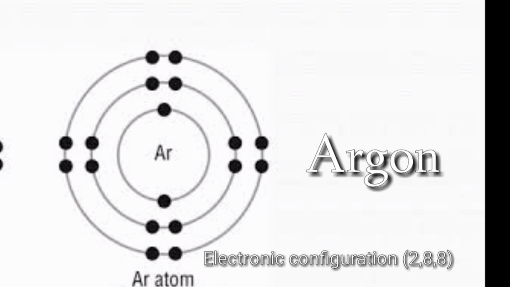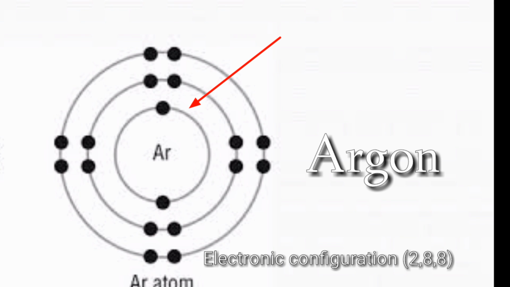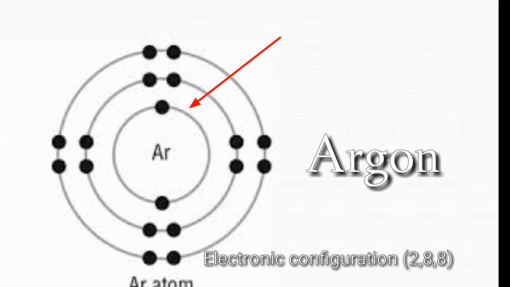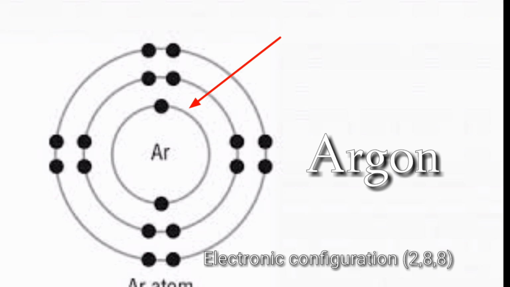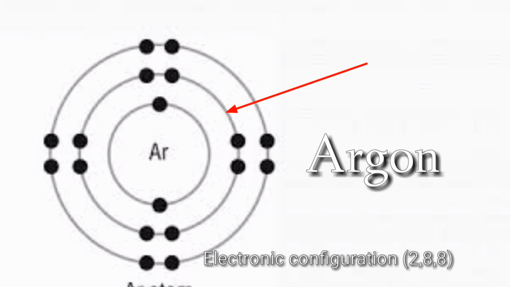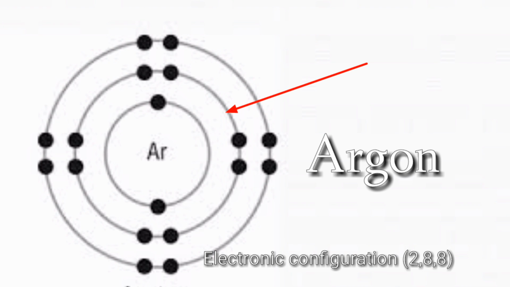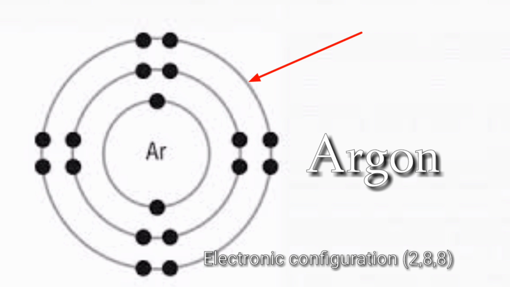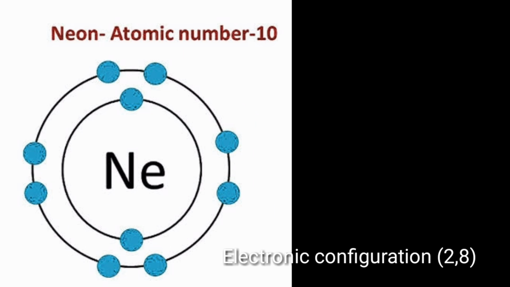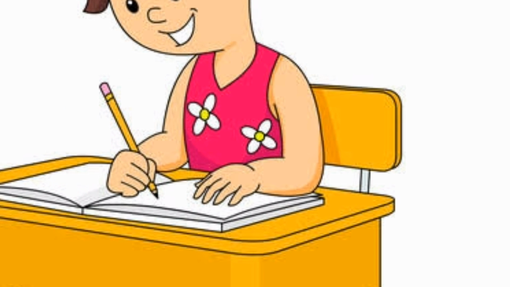For argon the electronic configuration is 2, 8, 8. What does this stand for? The K shell has 2 electrons, and it cannot accommodate any more. After the K shell we have L, which has 8 electrons, and then the M shell also has 8 electrons. Neon has 2 electrons in the K shell and 8 electrons in the L shell.